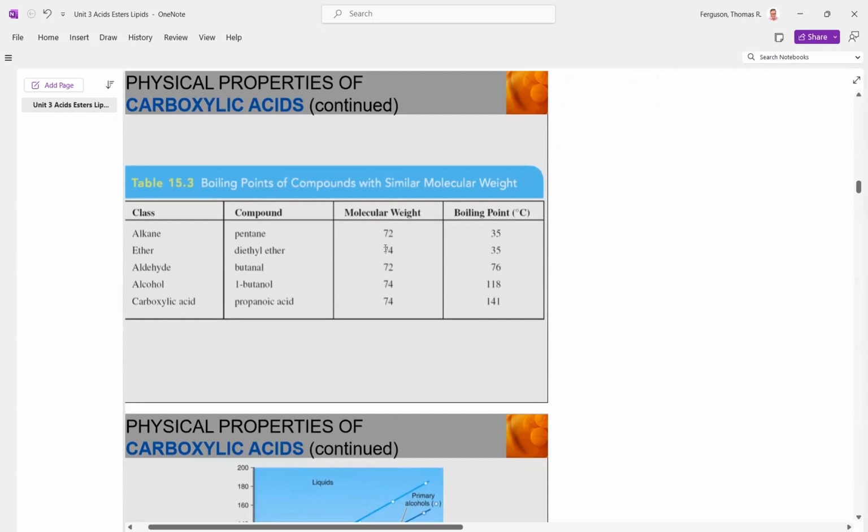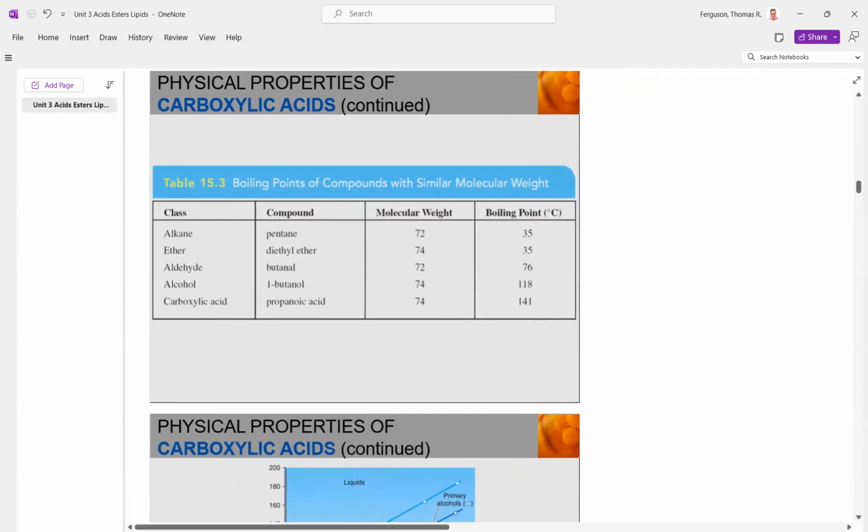If we look at some similar molar masses or molecular weights, you can see that the carboxylic acid boiling point is quite a bit higher than the corresponding alcohol. In fact, it's much higher. And again, that's because it's so polar.